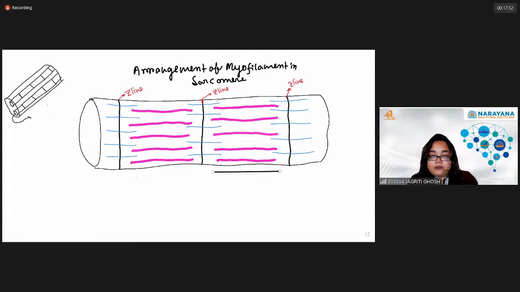Understood? Again, if I draw it from the top, the portion which is occupied by the thick filament is called the A band. Am I clear or not?